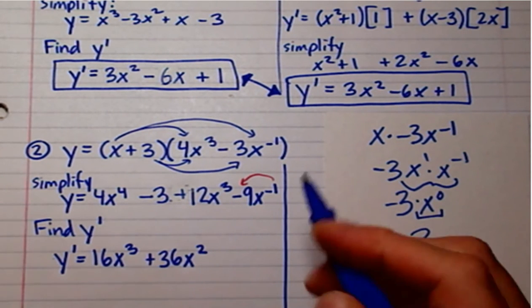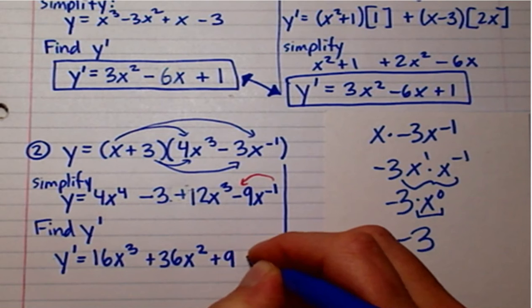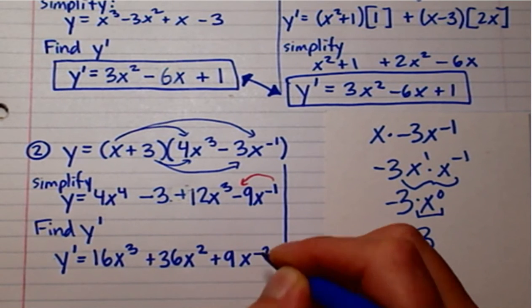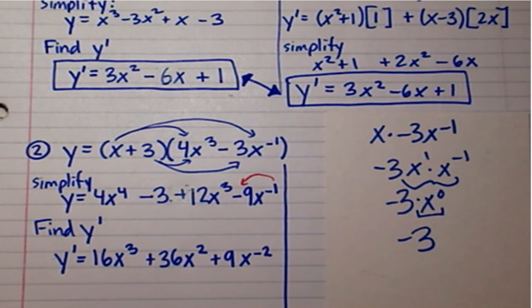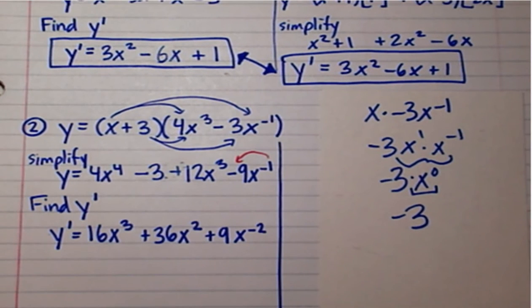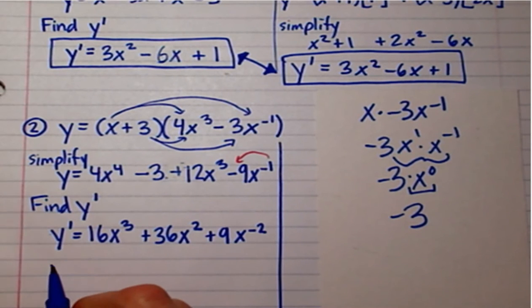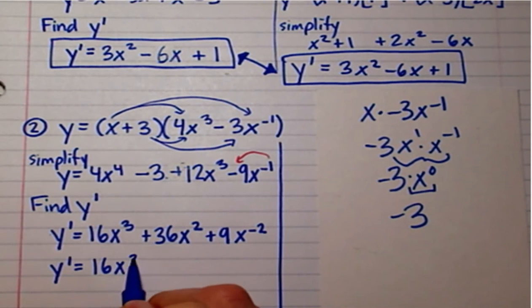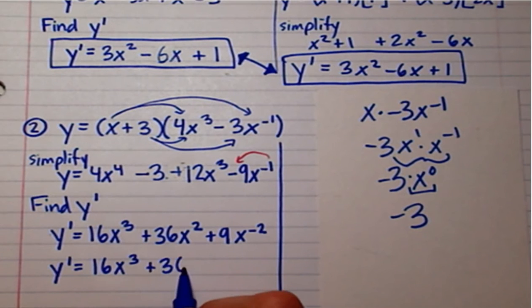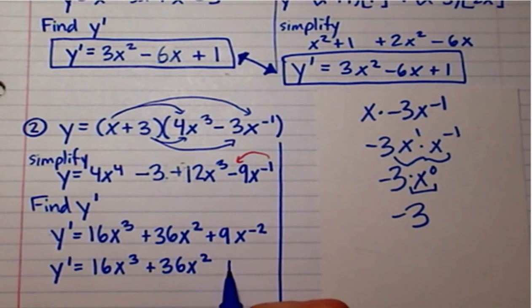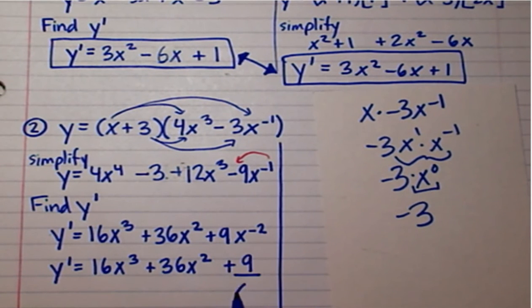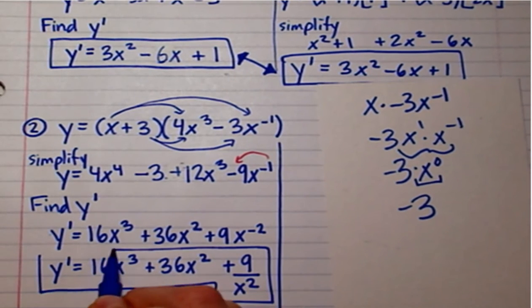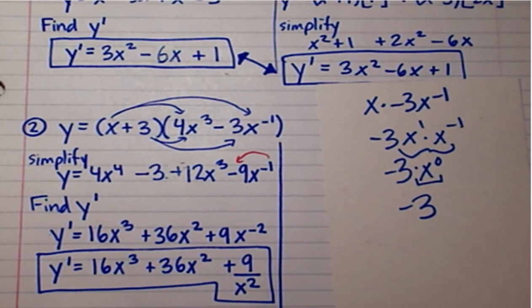Okay, so drop my power, subtract 1, and for good practice, I'm going to take this negative exponent and put it back into the reciprocal format. Okay, there's my result.